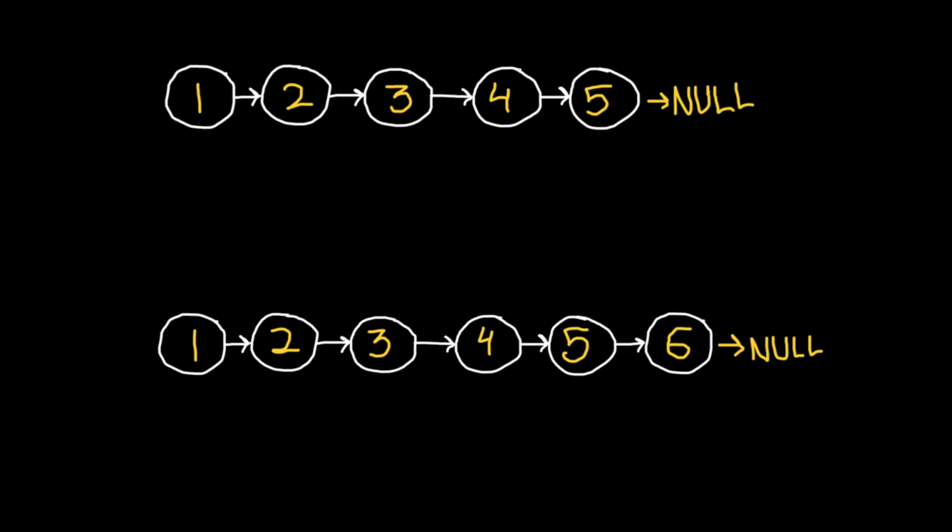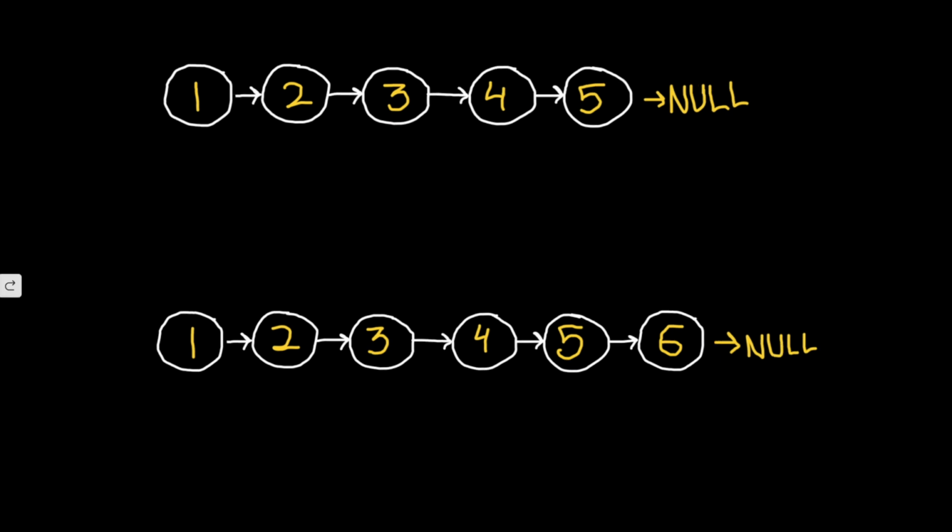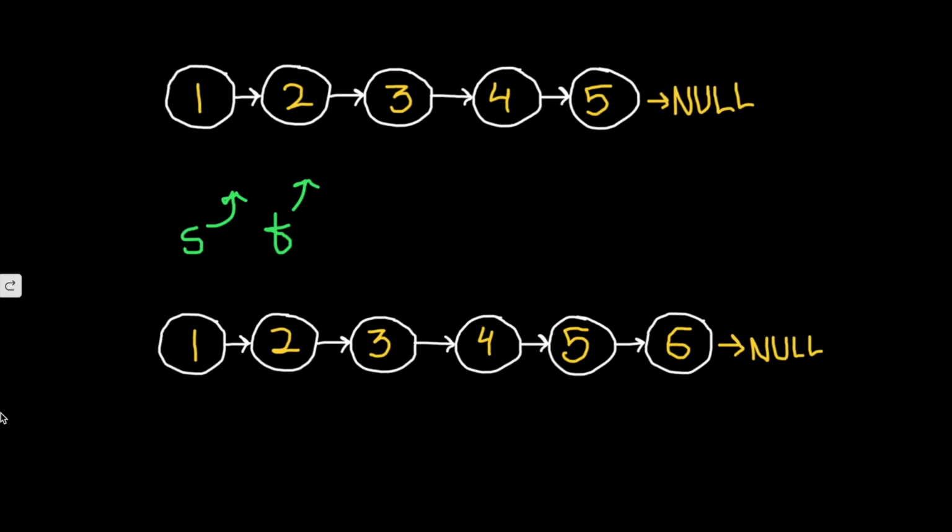Another way to solve this problem is by making use of Floyd's hare-and-tortoise algorithm. Floyd's hare-and-tortoise algorithm says that you will have 2 pointers, a slow pointer and a fast pointer.